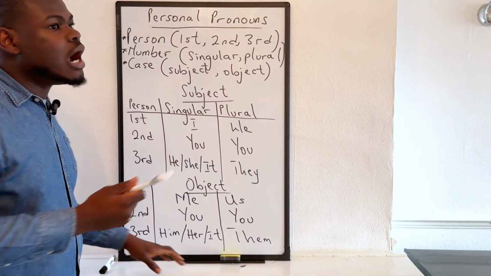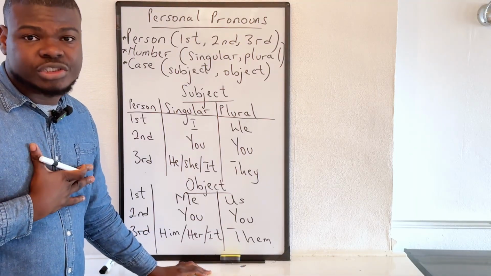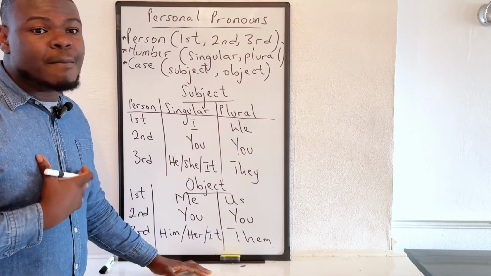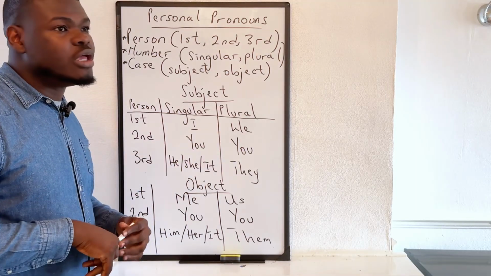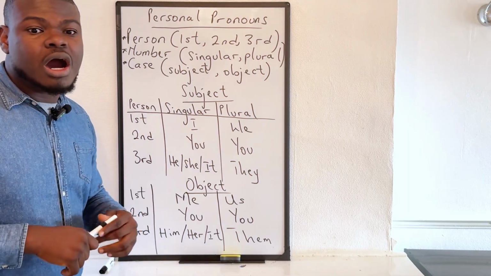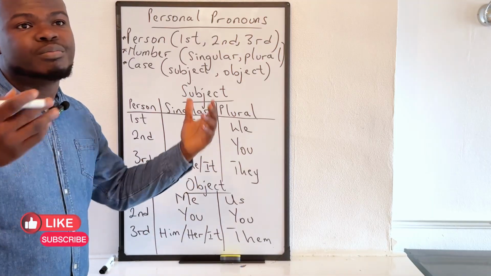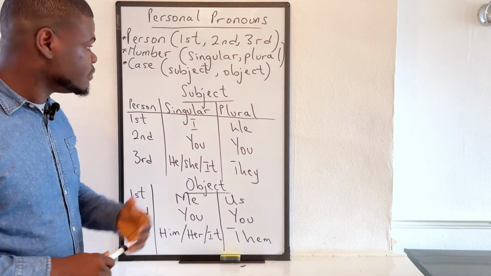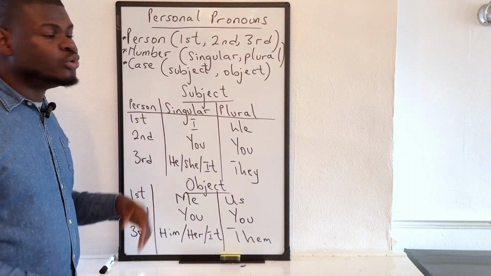So, I am Joseph. I am the teacher. I am a good person. If it is we: we are students. We are best friends. We are playing football this evening. We.